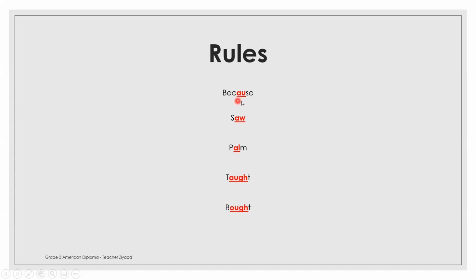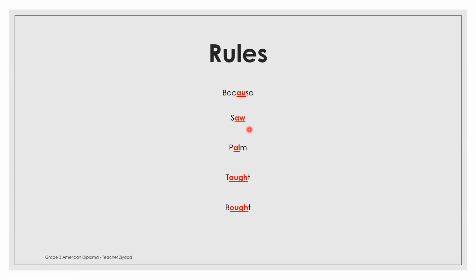You'll never have the O sound when the AU vowel pattern combination is at the end of a word. So remember that with the AU sound, you will have it either at the beginning of a word or in the middle, somewhere in the middle, but never at the end. So that's rule number one.